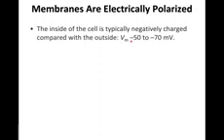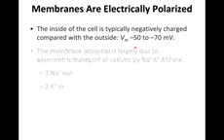Membranes are electrically polarized. The inside of the cell is typically negatively charged compared with the outside. A Vm of minus 50 to minus 70 millivolts is maintained within the cell. Vm means electrical potential.